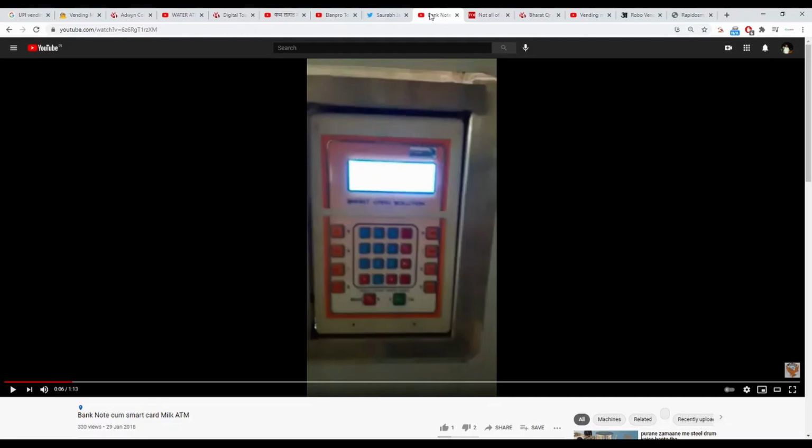You can dispense it by the amount, let's say you just want 10 rupees of milk, or you can dispense it by the volume, you can dispense it with RFID, you can charge your RFID and all those things. All those features are perfectly fine, but the interface they have made is so complex that I am not sure a common person going to buy a simple 1 liter of milk will understand it.